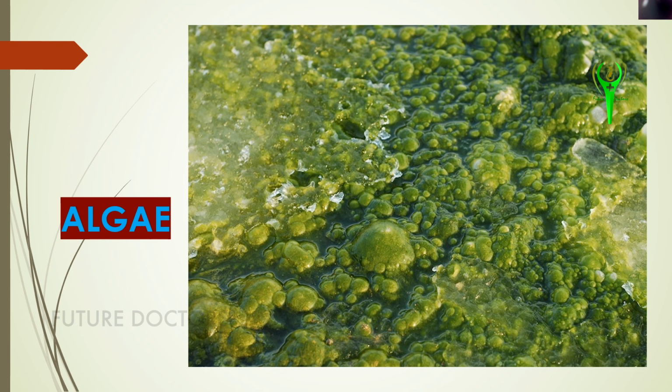Sexual reproduction takes place through fusion of two gametes. These gametes can be flagellated and similar in size or non-flagellated but similar in size. Such reproduction is called isogamous.